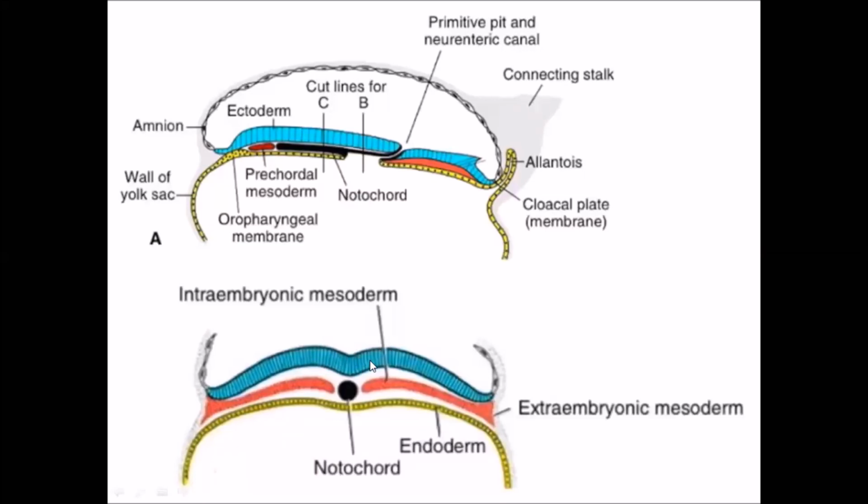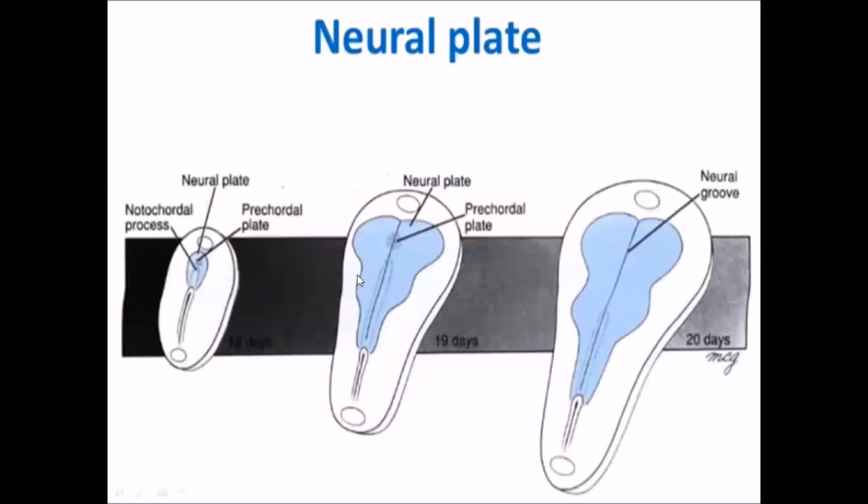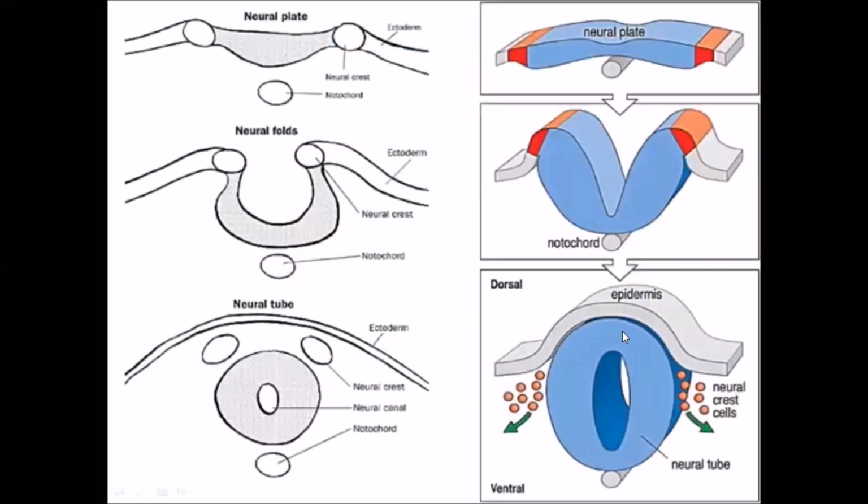The neural plate is nothing but the thickening or some changes happening in the ectoderm through various factors produced by the notochord, especially the fibroblast growth factor and retinoic acids. The neural plate elongates, leading to development of the neural groove. We'll see this in detail now.